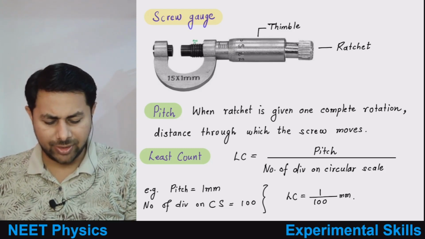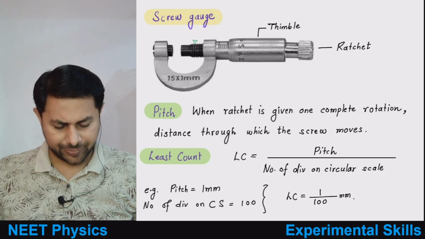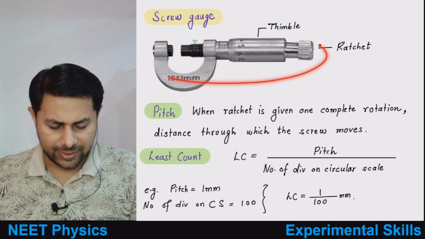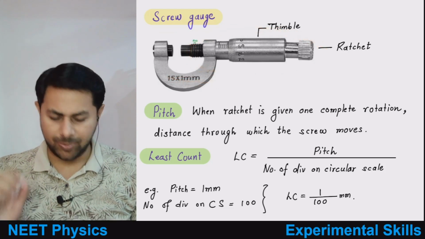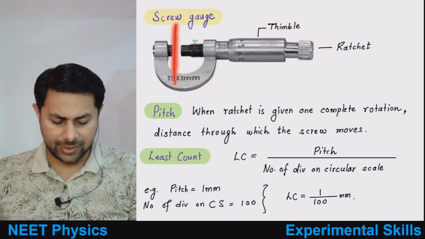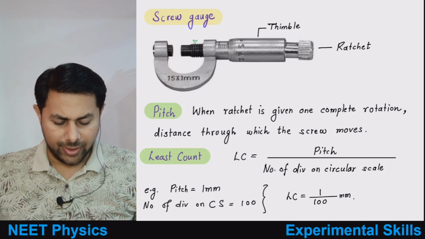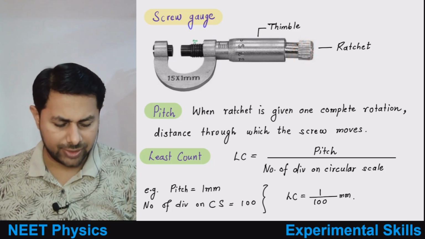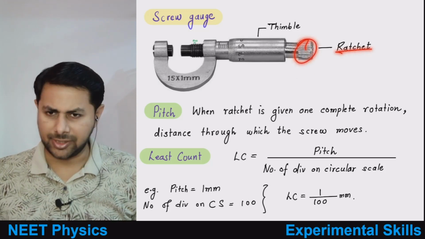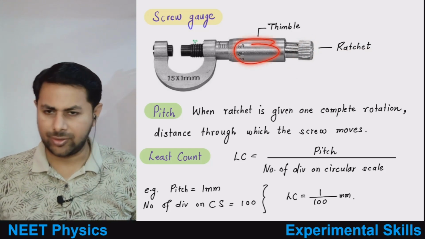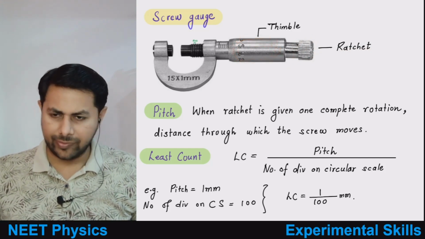For that purpose, you will make use of a screw gauge. It looks like this. Suppose you want to measure the width of a wire. You will put the wire here, and then tighten the screw using this part, which is known as the ratchet. And this body of the screw gauge is known as the thimble.